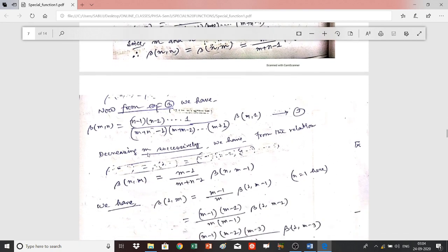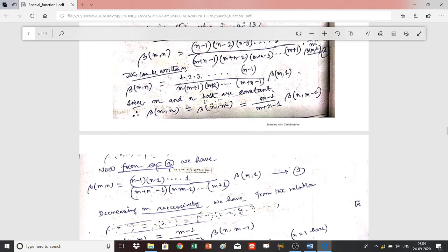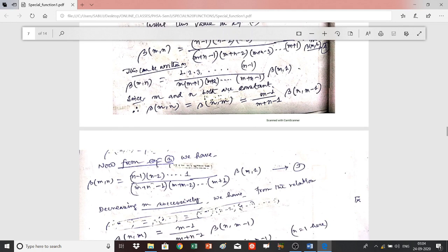Now decreasing m successively, we can write, in accordance with this relation, but you have to view this relation. Obviously, in this case, m should be replaced by n. So here you can write beta nm is equal to, for the first term, m minus 1 by m plus n minus 1, then beta n m minus 1.